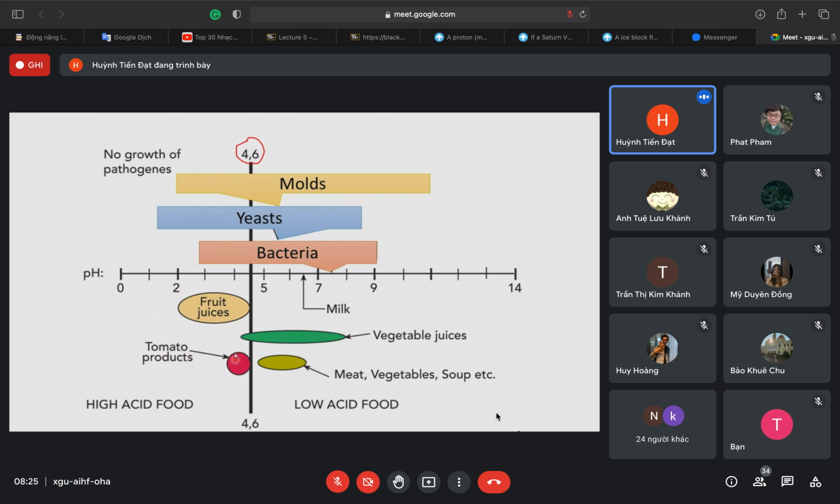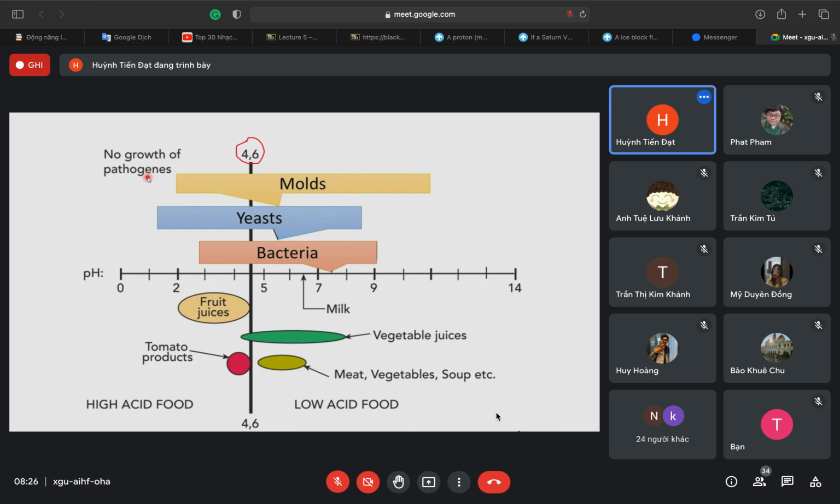Tomato products are normally near the boundary of 4.6, which is okay for preservation, so we call that acid food. If they drop to below 4, at this point, we call it high acid food. In this range there should be no growth of the pathogens, so pathogens do not grow.